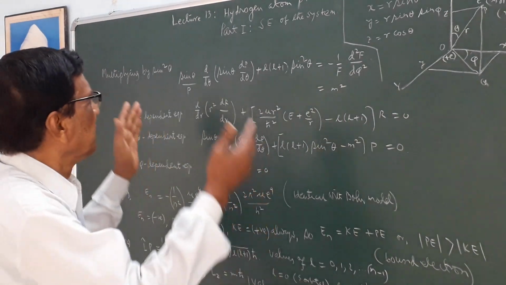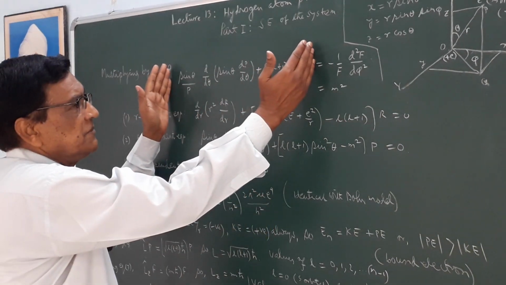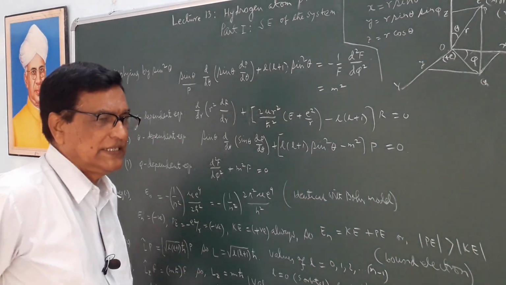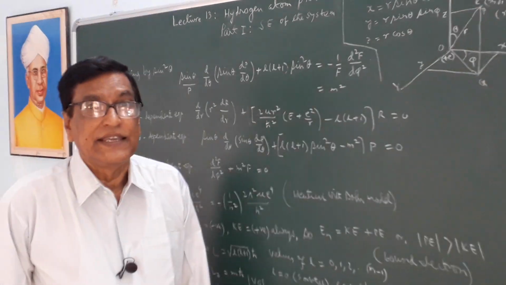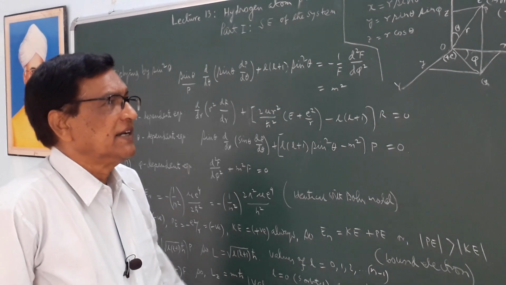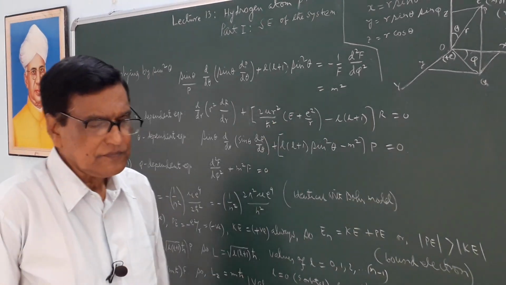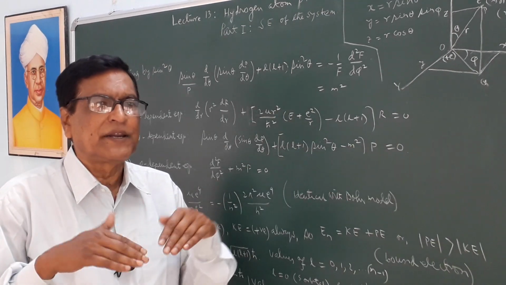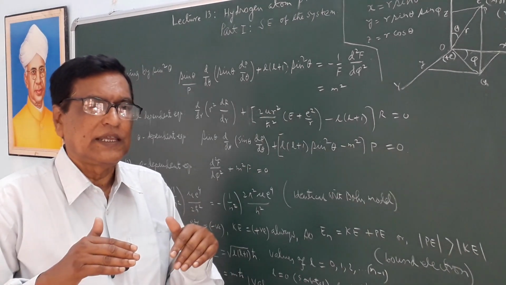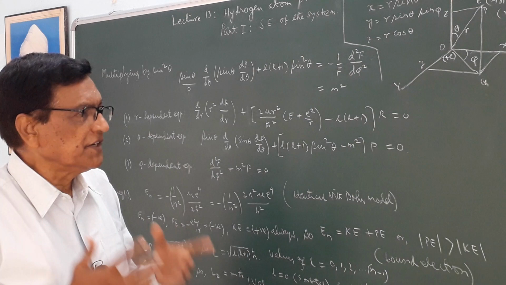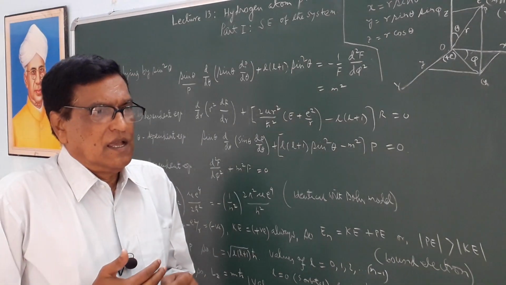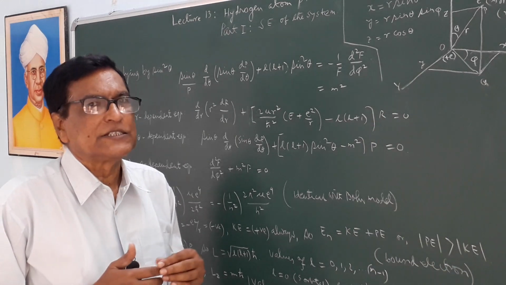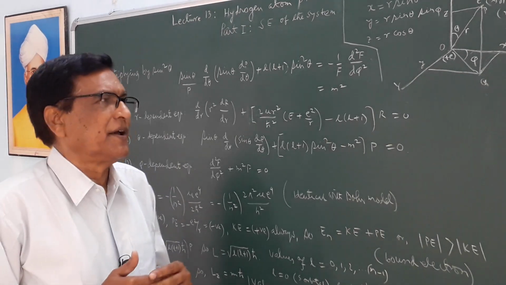Applying the same reasoning, these two are independent, and so each side is equal to some constant, and this is m square. These constants, m square and L into L plus 1, are written in order to solve these equations by using polynomial algebra.